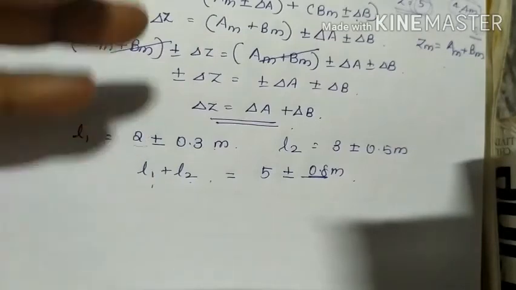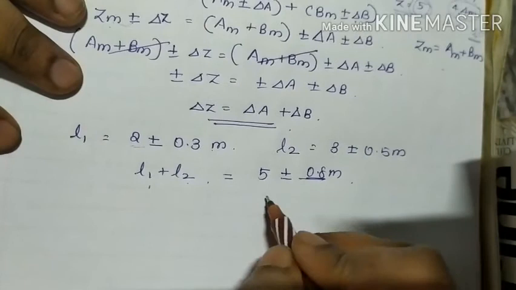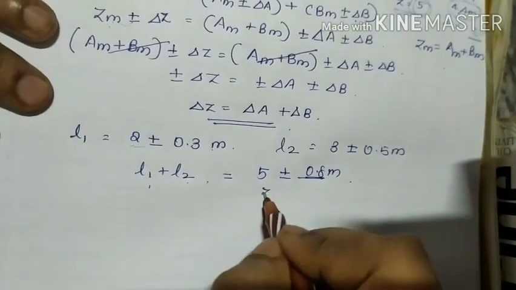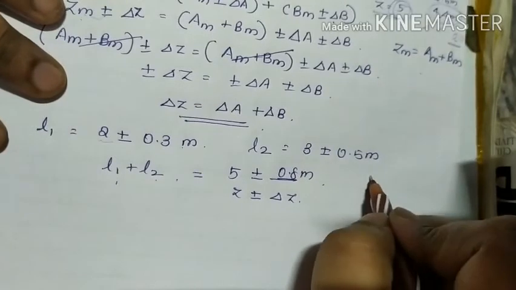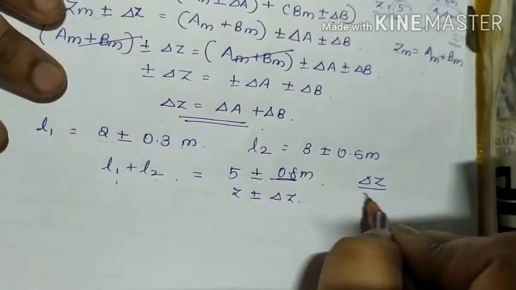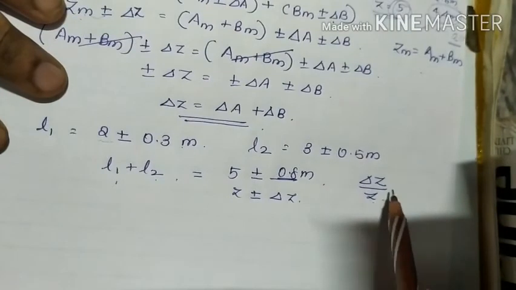Now sometimes they can ask what is the relative error. This is in terms of Z plus delta Z. So how do you write the relative error? The relative error formula is delta Z by Z, the absolute error by the true value or measured value.